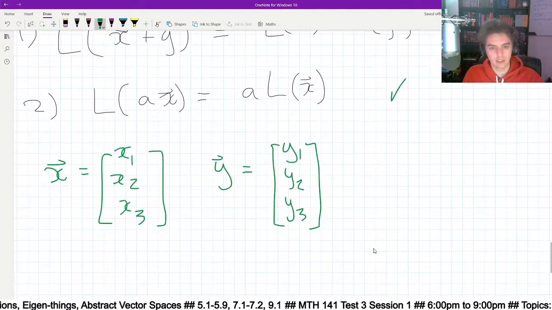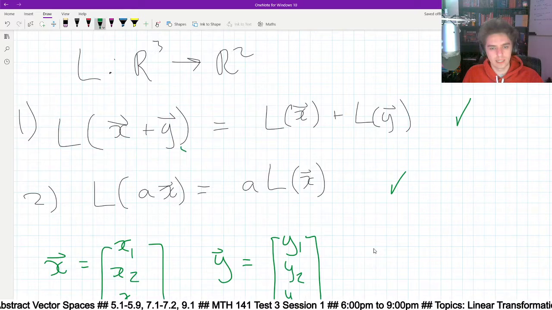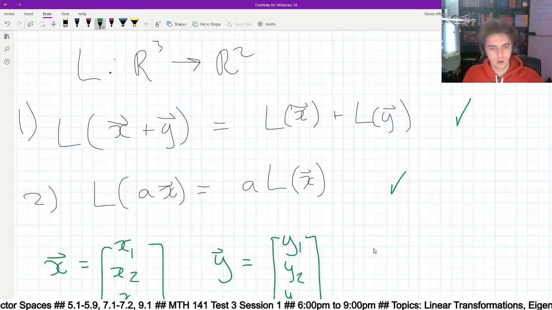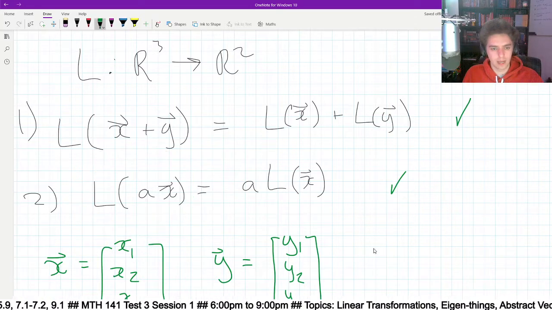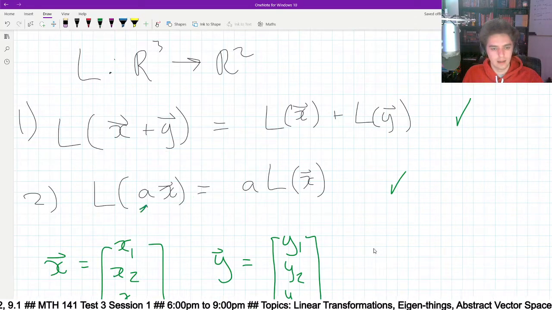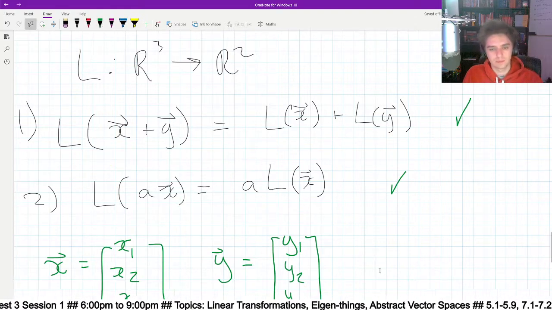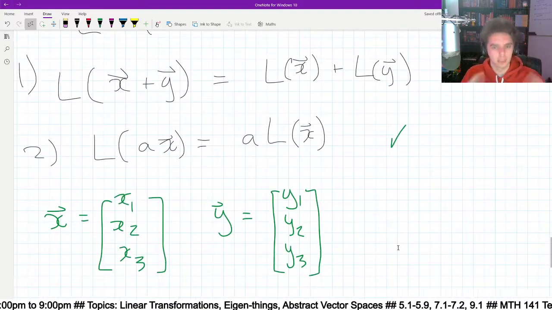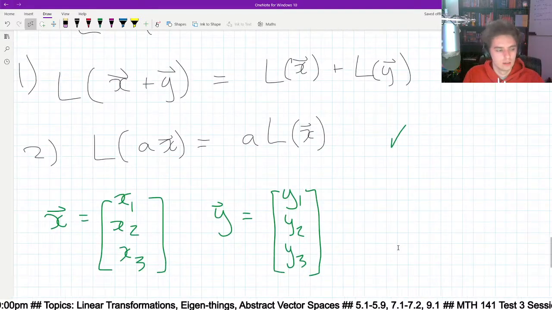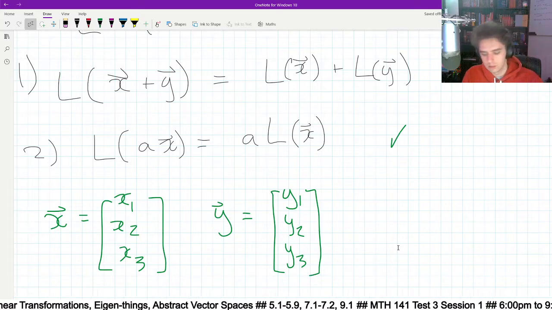I just did the transformation that it tells, and I showed that it's the same as this. And then separately, multiply x by a, do the transformation, show that it's the same thing as this. But what I specifically did was combine that into one.